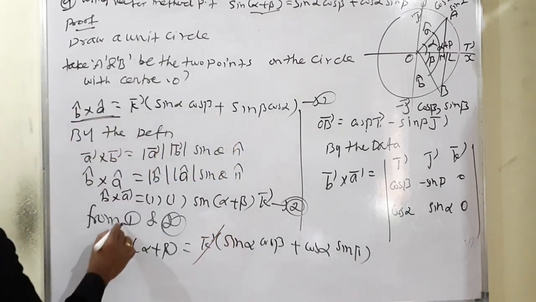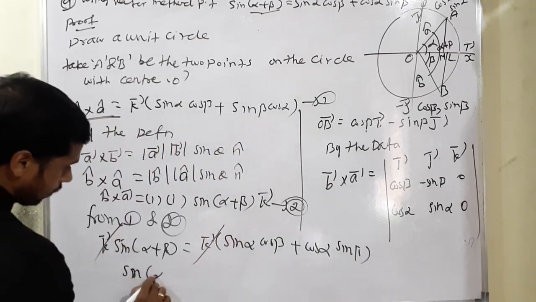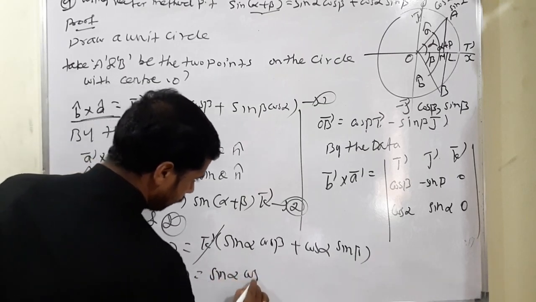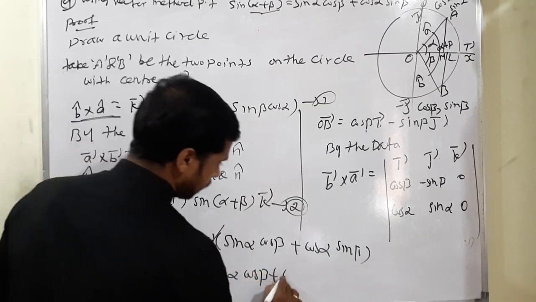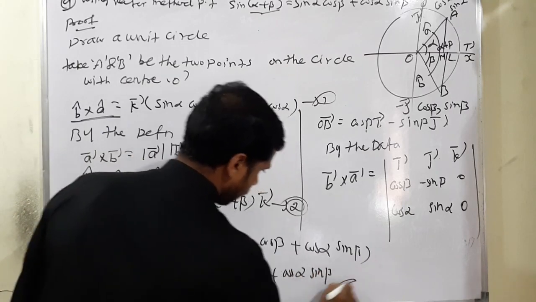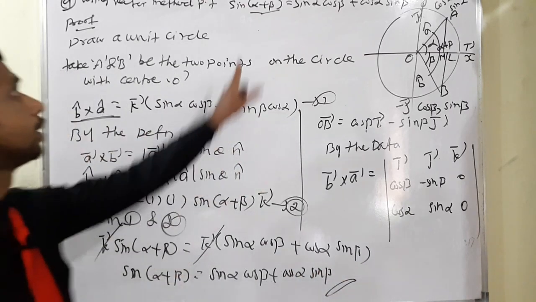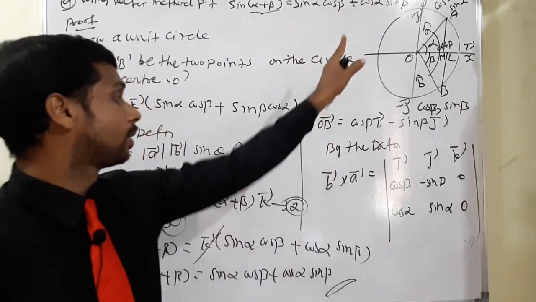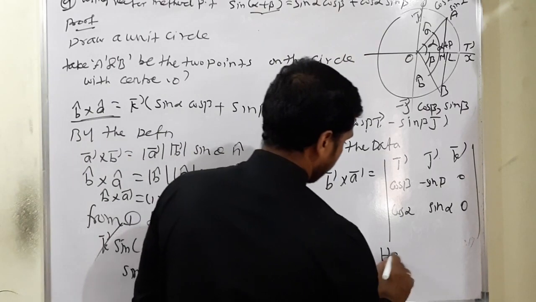The K vector cancels, so sin of alpha plus beta is equal to sin alpha cos beta plus cos alpha sin beta. We can write it hence.